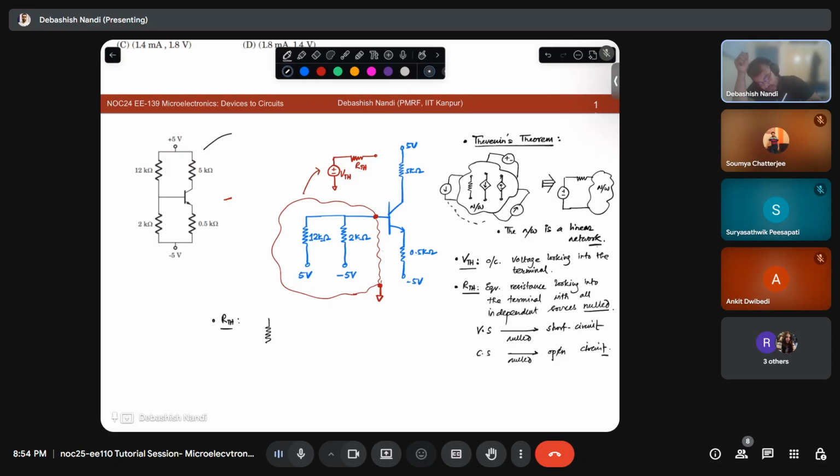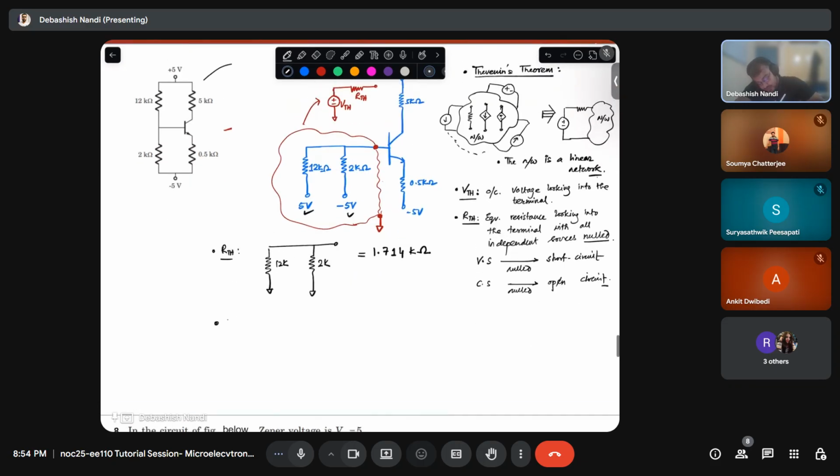RTH will be nothing but I short circuit this 5 volt and 5 volt. So it will be 12K in parallel with 2K, so it will be 24 divided by 14, 1.714 kilo ohms.